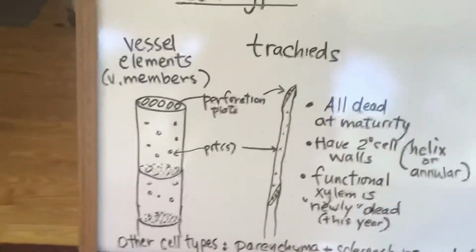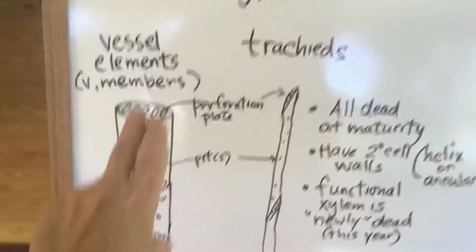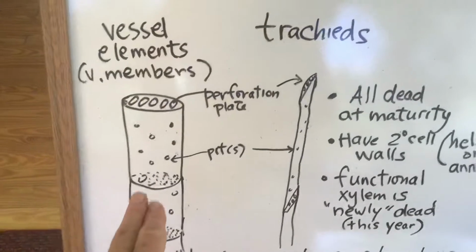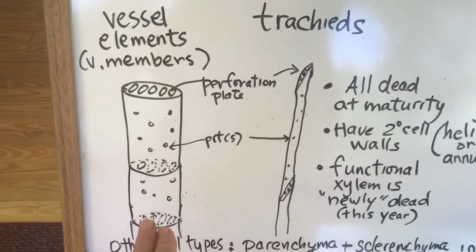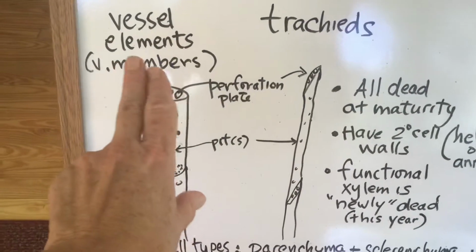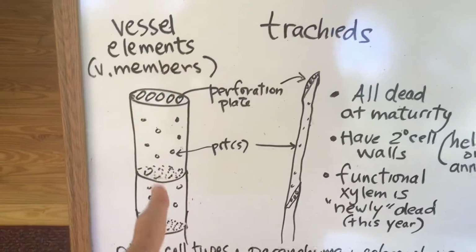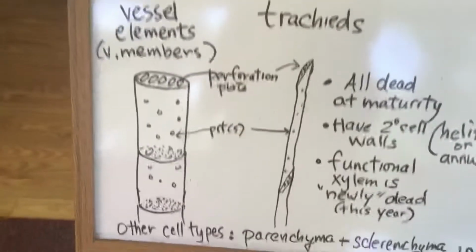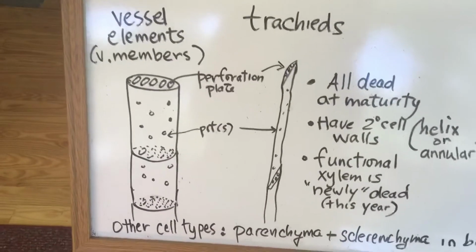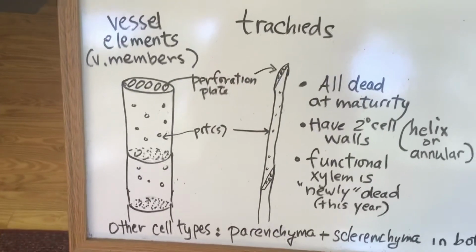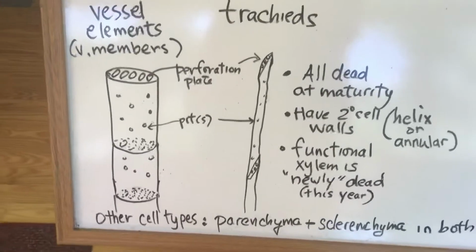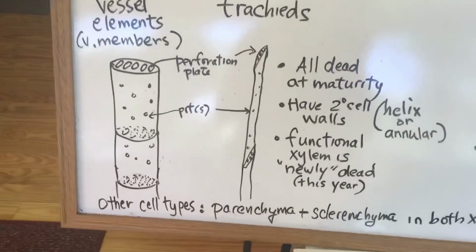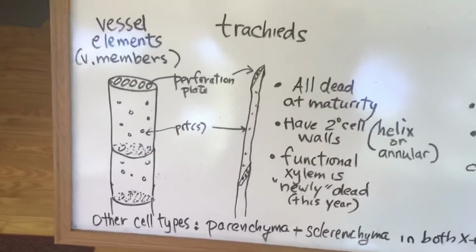Okay, now in the vessel elements, they have what they call a perforation plate at the end of each one of the cells, and this allows the water to flow through the cell wall continuum. Now what happens to create that is that the cell will start off as a regular cell, and then it will die, and also create a secondary cell wall.